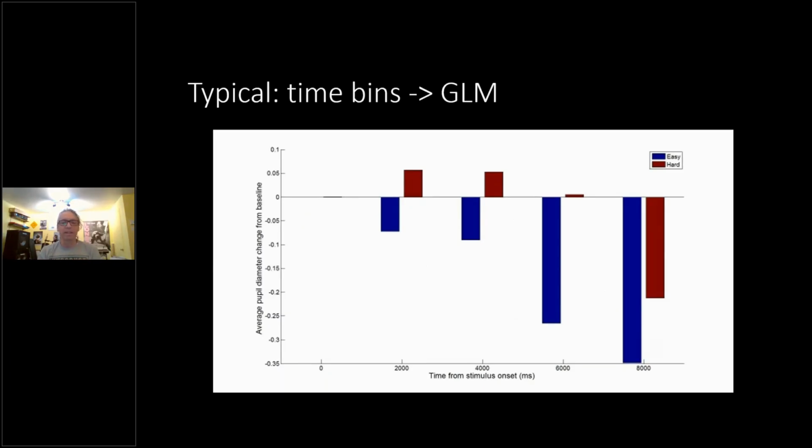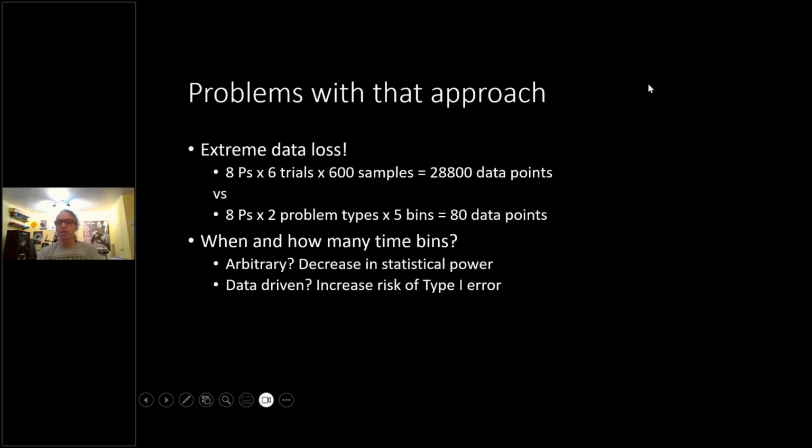Well, you typically would do an ANOVA, looking at the effect of problem difficulty, time position, and the interaction between both, and you'd be like, oh, well, there's a linear component here for easy problems, and for the hard problems, there's a quadratic and linear component, so they are distinct in terms of information processing. Very exciting. However, what you do when you do that is lose a lot of useful data.